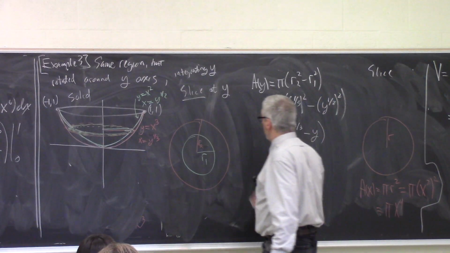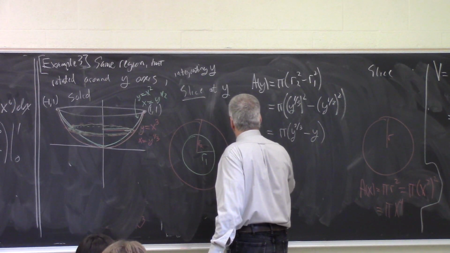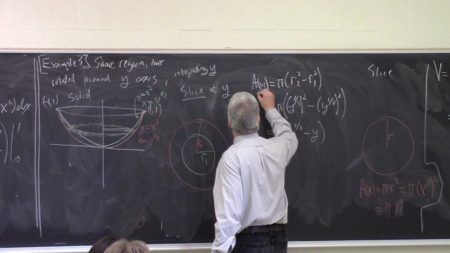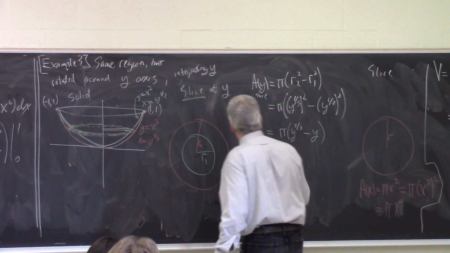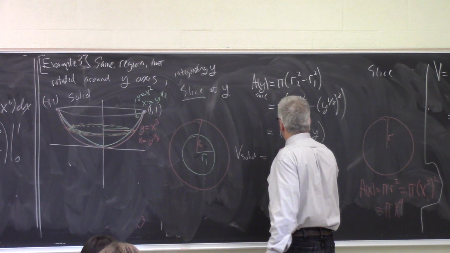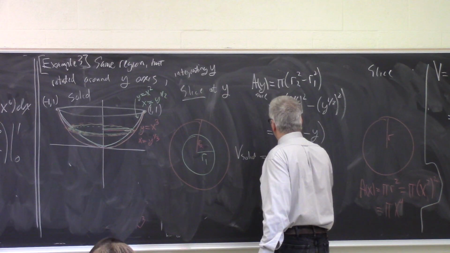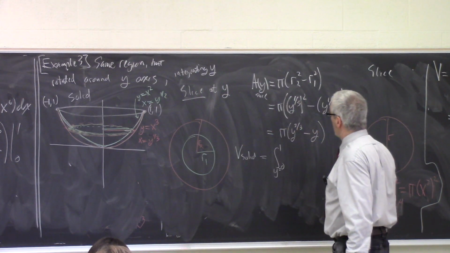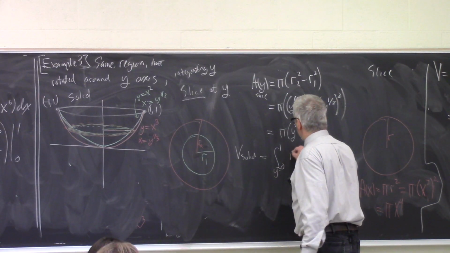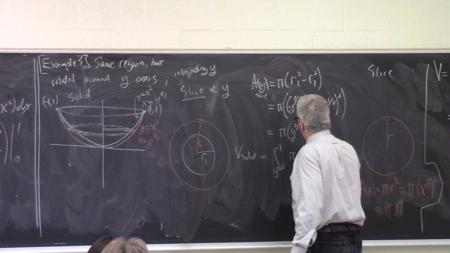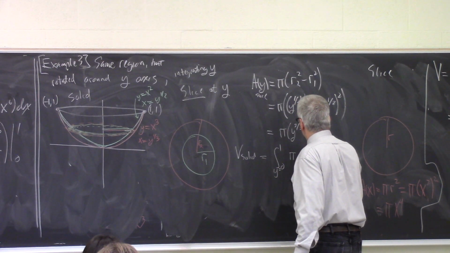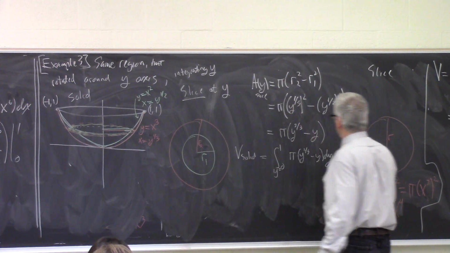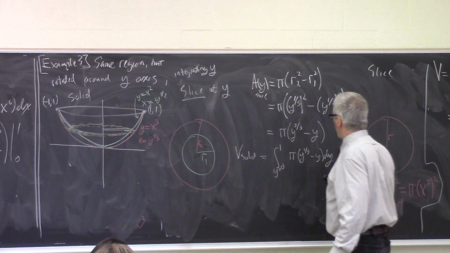So the volume of the solid is going to be that area of the slice integrated from 0 to 1. And I'm going to remind the reader that this is y equals 0 to y equals 1. So this is going to be pi times the integral of y to the 2/3 minus y, all that in parentheses. So when I integrate, I do the power rule.